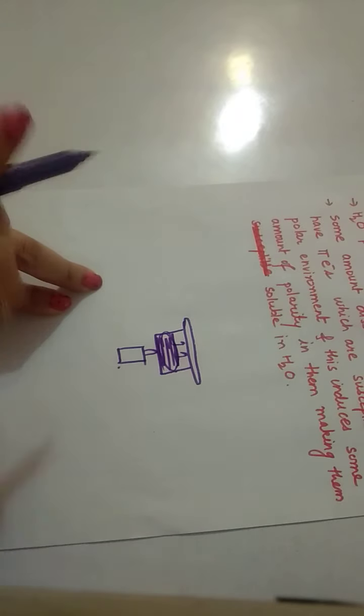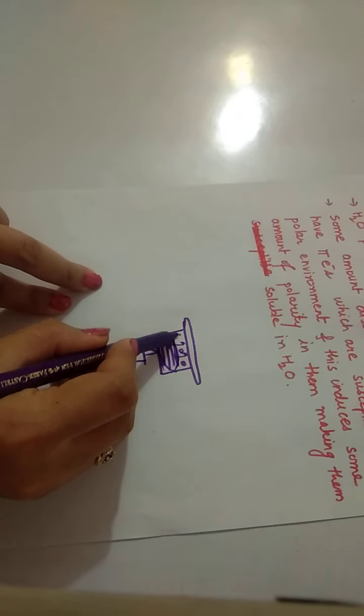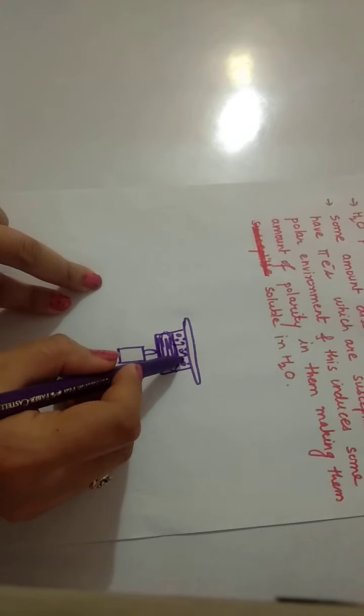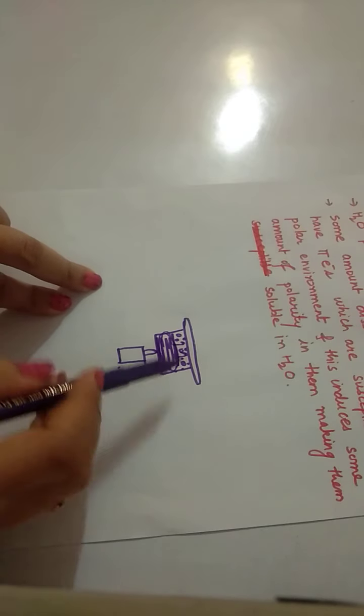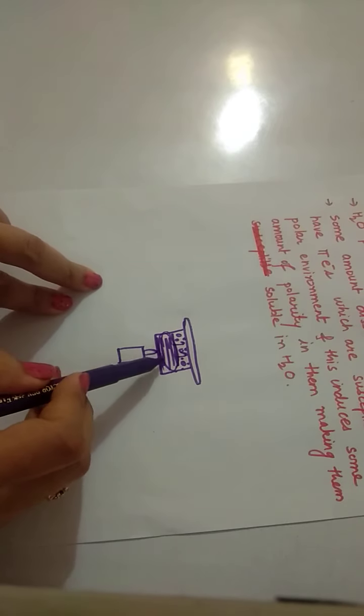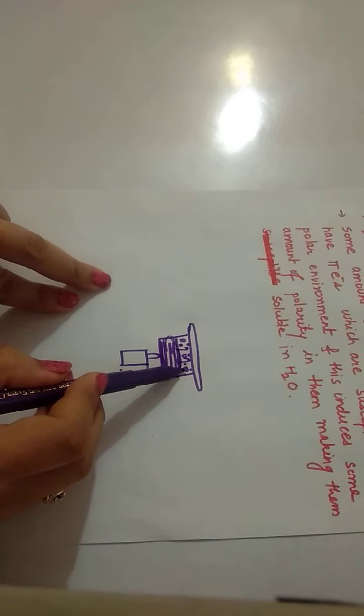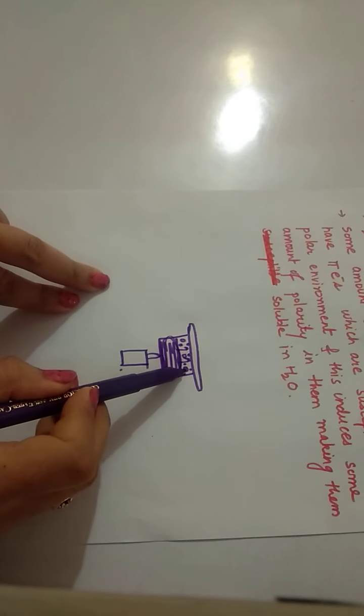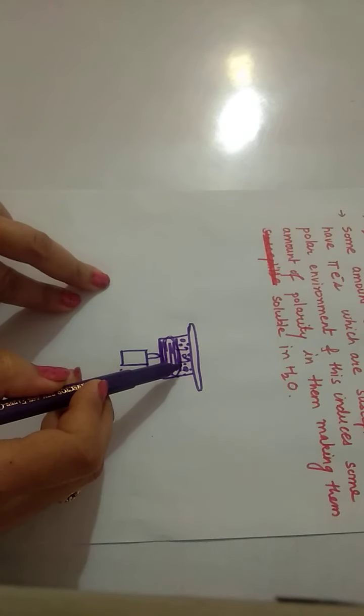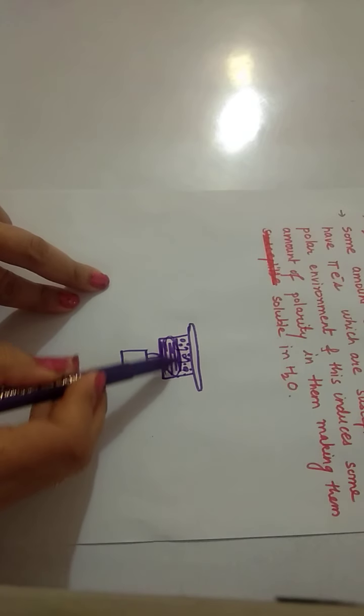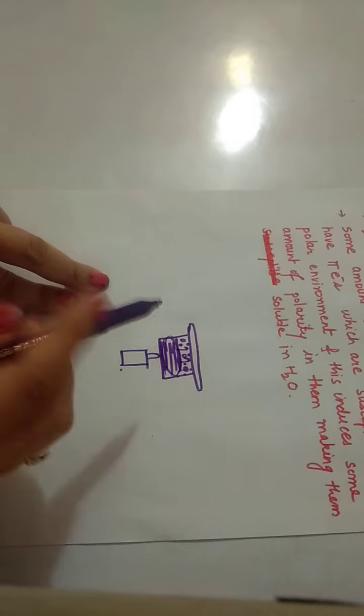It is due to the gas which is produced by this water. Water turns into vapor phase. Vapor phase is a gaseous state. So gas from this is expelled out.